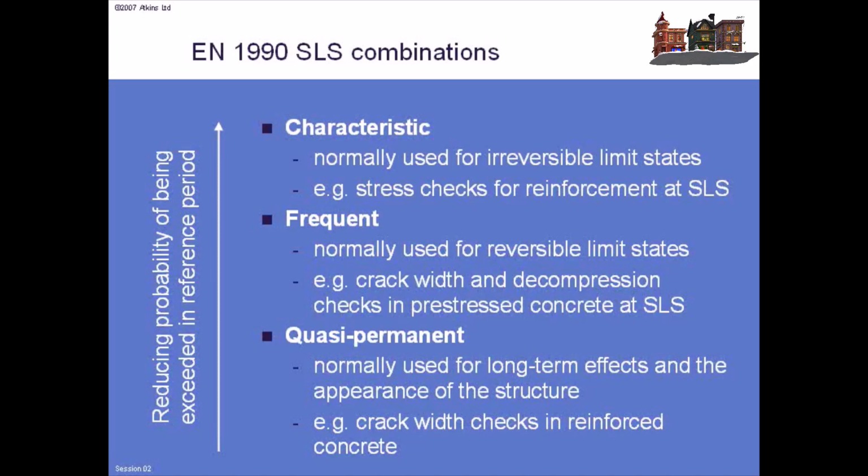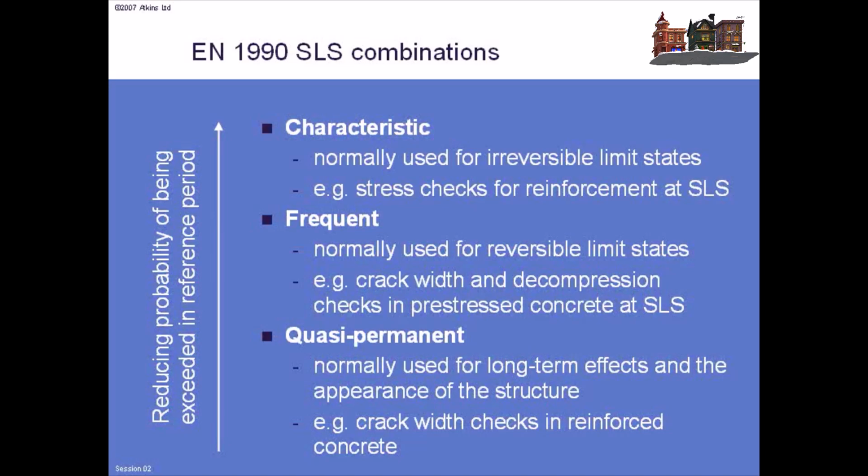The question is, does that matter at all to durability if the crack opens and shuts? And the view that the Eurocode 2 project team have taken, and it's supported by a lot of test evidence, is that no, it doesn't really matter. It's not the biggest crack that ever exists in the life of the structure that's important to durability. It's more the average crack that's open that lets the contaminants in. So when we do crack width checks for reinforced concrete, we use the quasi-permanent combination, which is basically average loading.